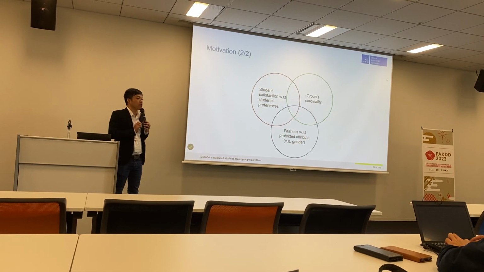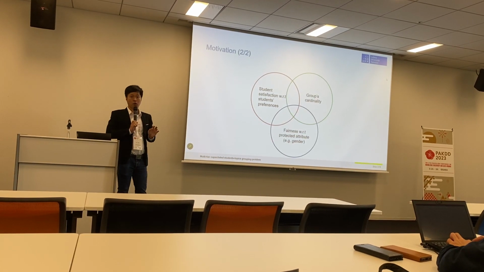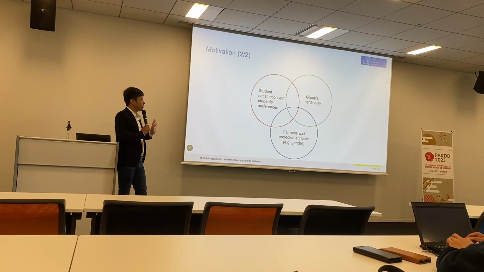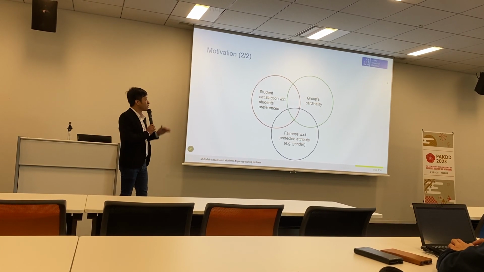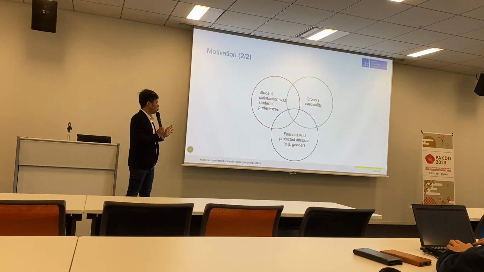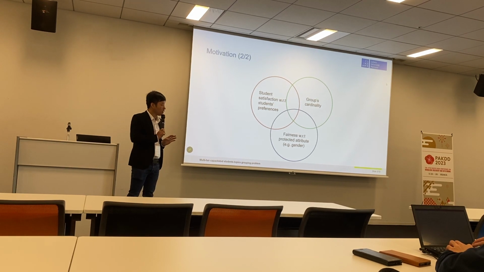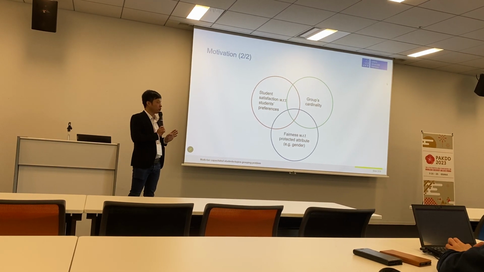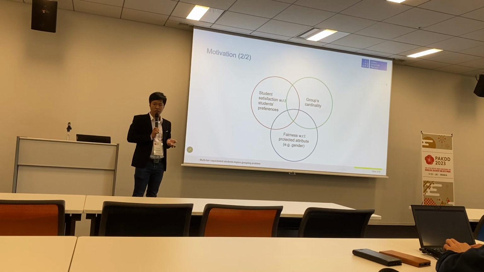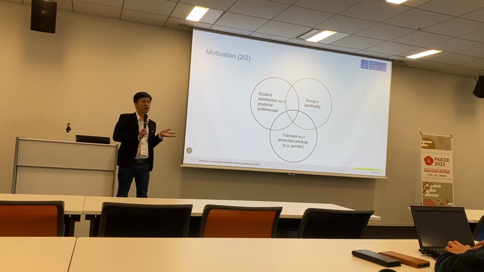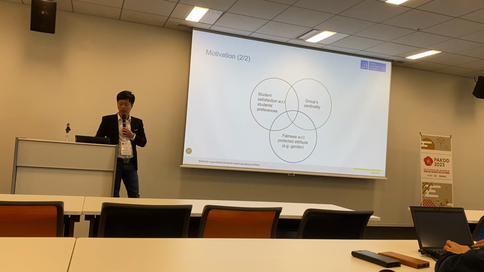So the problem here is we need to assign students to the topics, but we need to satisfy 3 constraints: student satisfaction with respect to the student preference, respect to the protected attribute, for example gender, and also the group cardinality or capacity of the groups.